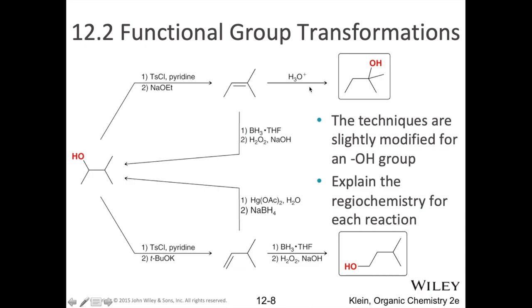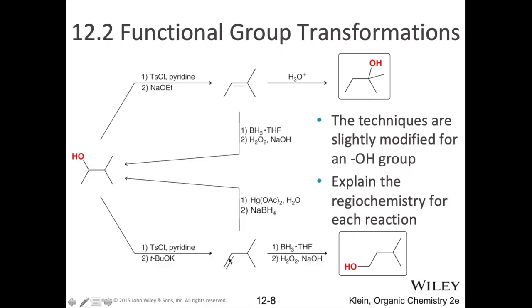See, again, this is where knowing the mechanisms is important. It helps you catch these kinds of pitfalls. Because you might be tempted to take this reactant, and if you wanted to make this product, you might say, oh, I would just do a Markovnikov addition. I'll just use sulfuric acid.